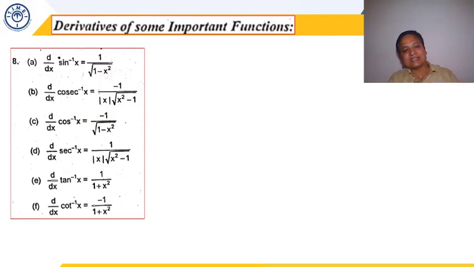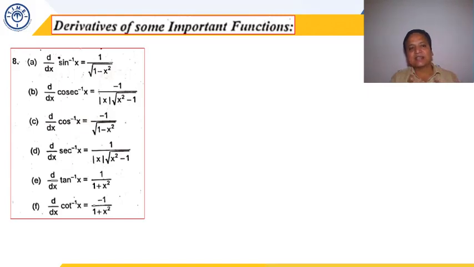Differentiation of cos inverse x is minus 1 upon root 1 minus x square. Differentiation of sec inverse x is 1 upon mod x multiplied by root x square minus 1. Differentiation of tan inverse x is 1 upon 1 plus x square. And differentiation of cot inverse x is minus 1 upon 1 plus x square. We'll be using these results when solving differentiation problems.